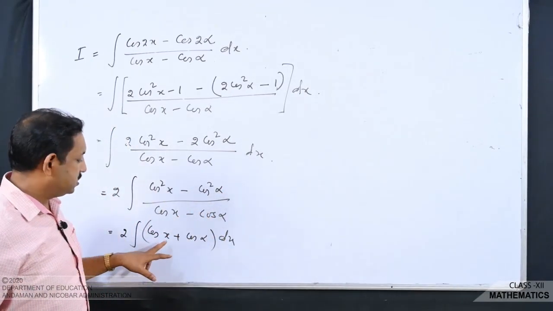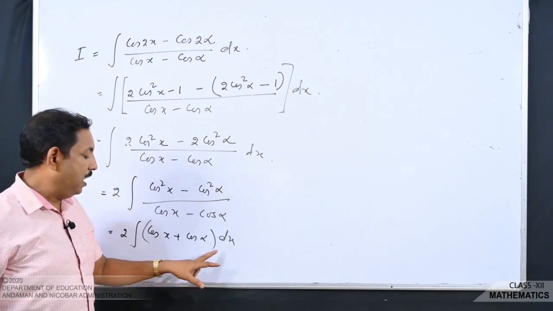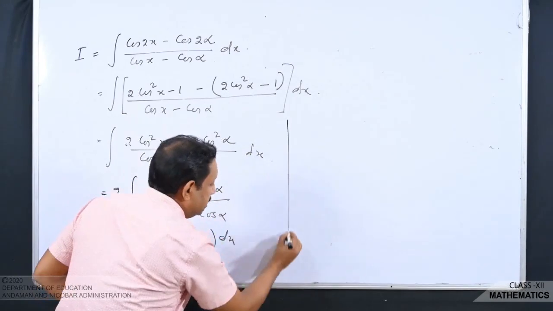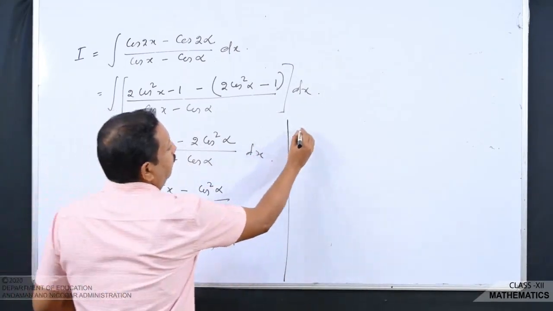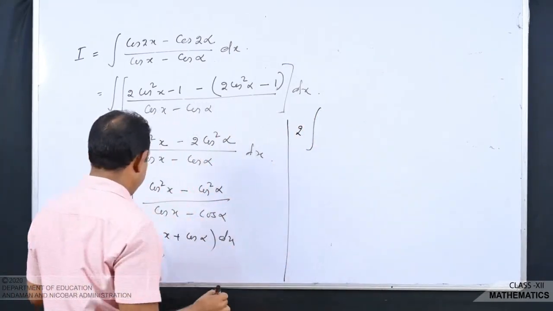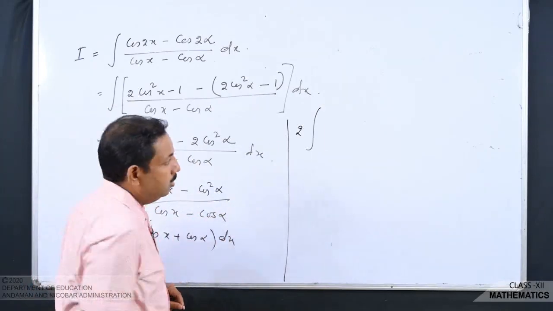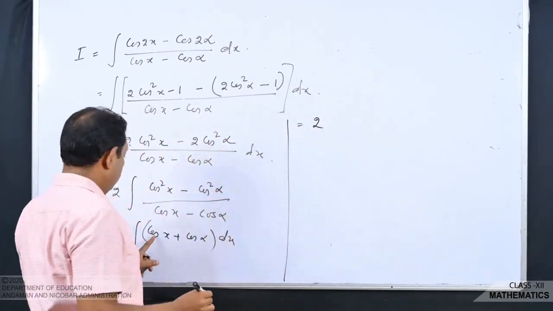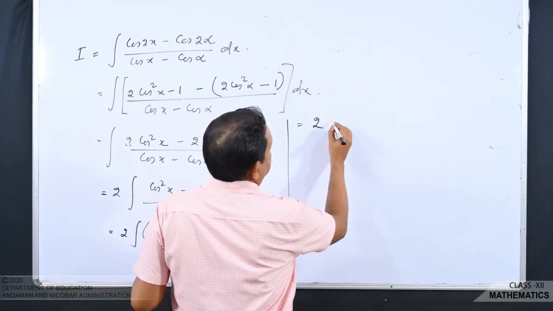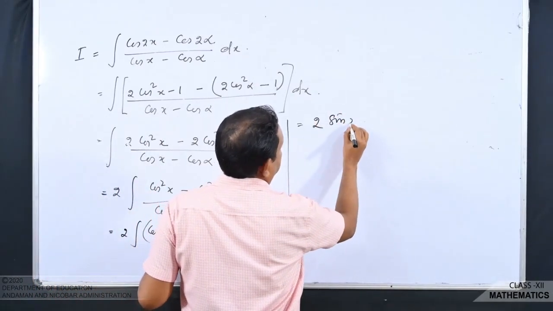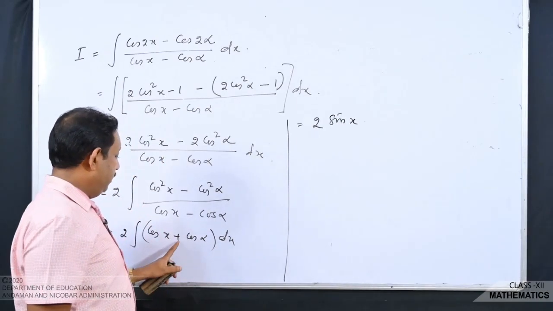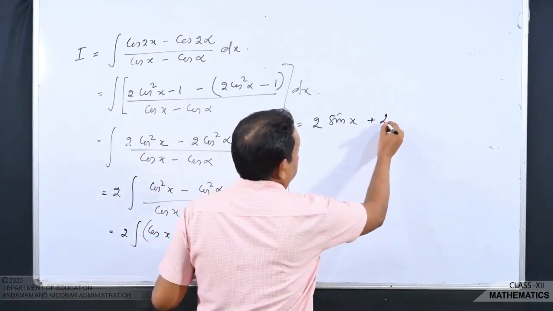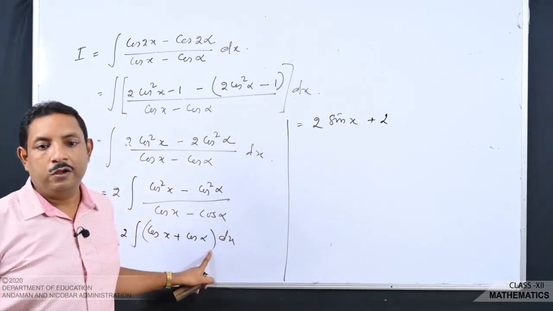Okay, now cos x plus cos alpha is in integrable form, and the integration of this will be 2 times the integration of cos x, which is sin x, and plus 2 cos alpha.